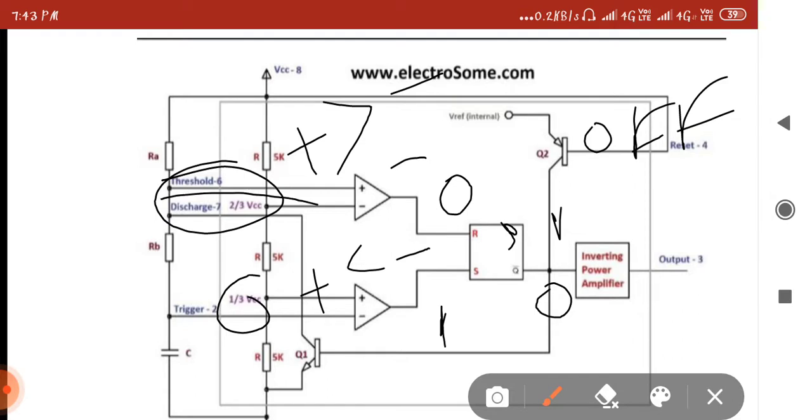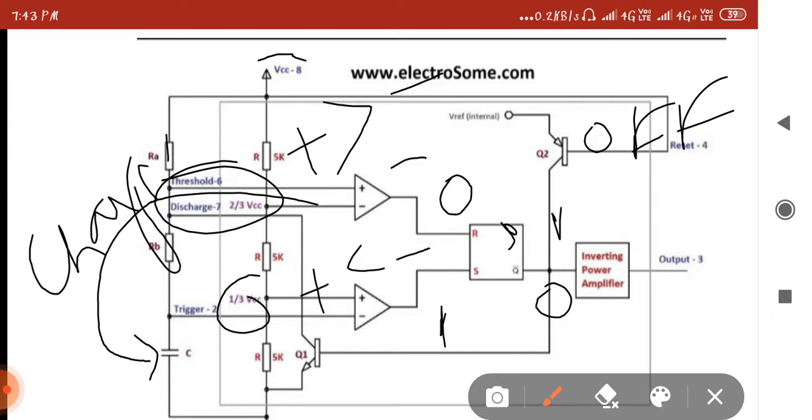In this condition the capacitor starts charging through VCC, RA and RB.